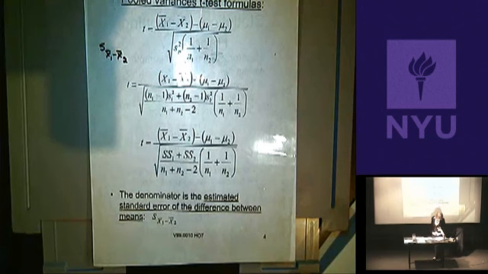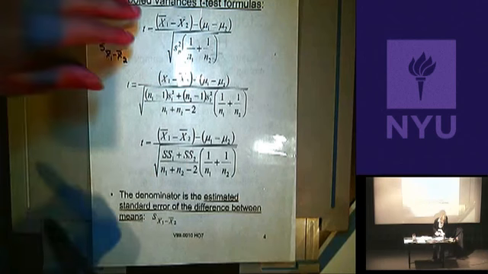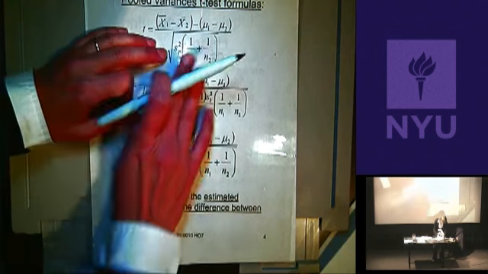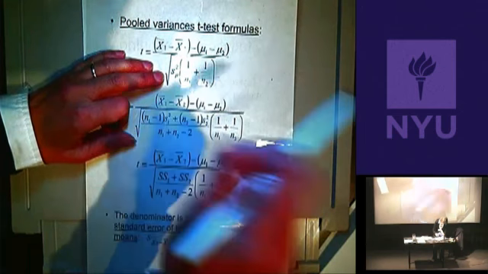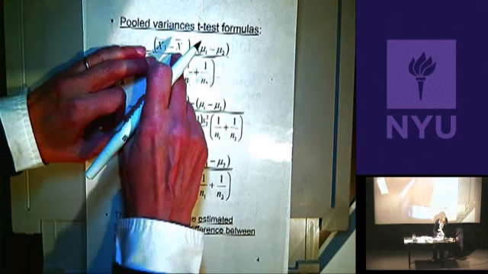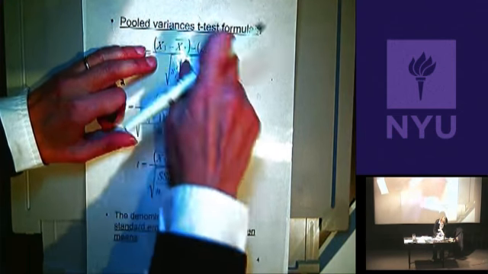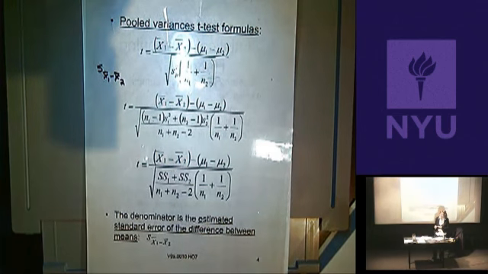Okay? So one thing I want to mention to you is, look at this top formula for a minute, just because it's easy. You'll notice we're saying how far is this difference from this difference. Usually, our null hypothesis for two groups looks like this.